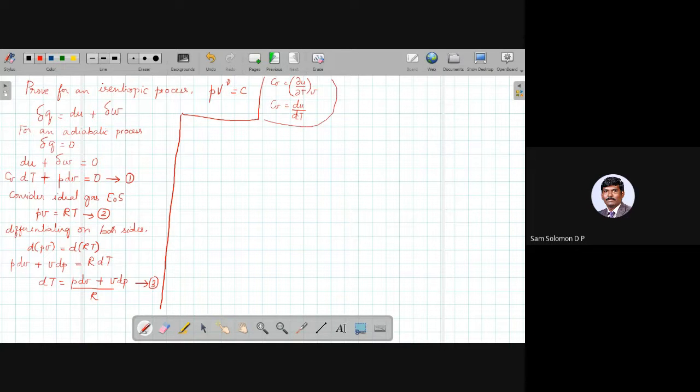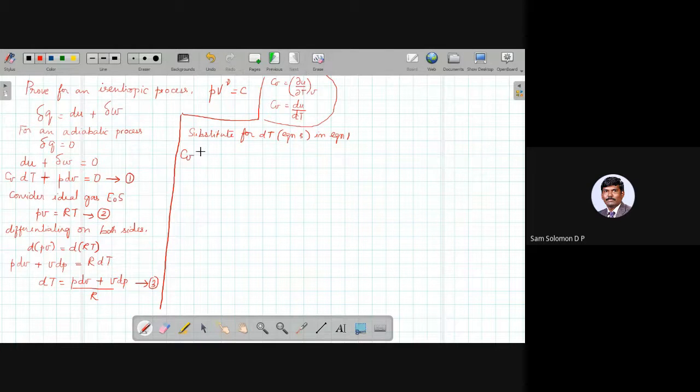This is just for your note. Now what I'm going to do is substitute for dT, which is equation 3, in equation 1. So dT, I'm going to substitute over here.